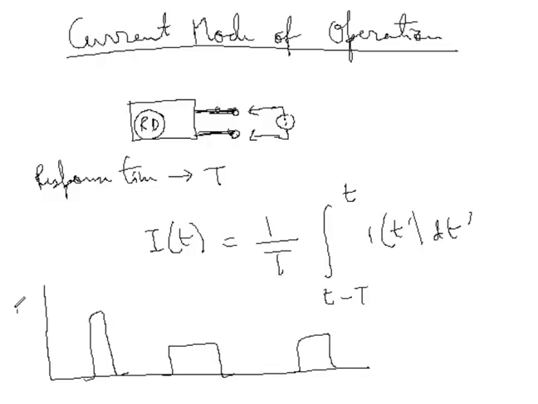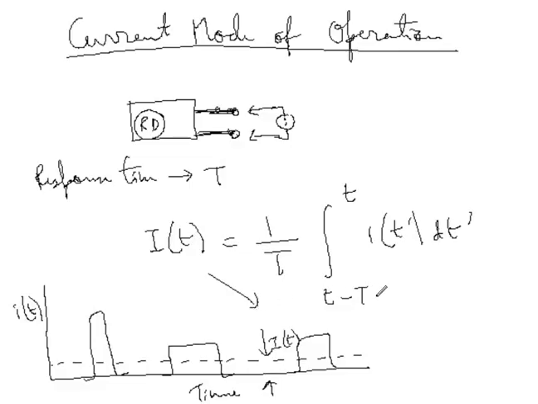Okay, so this is the current axis, this is the time axis, and this is the average current.